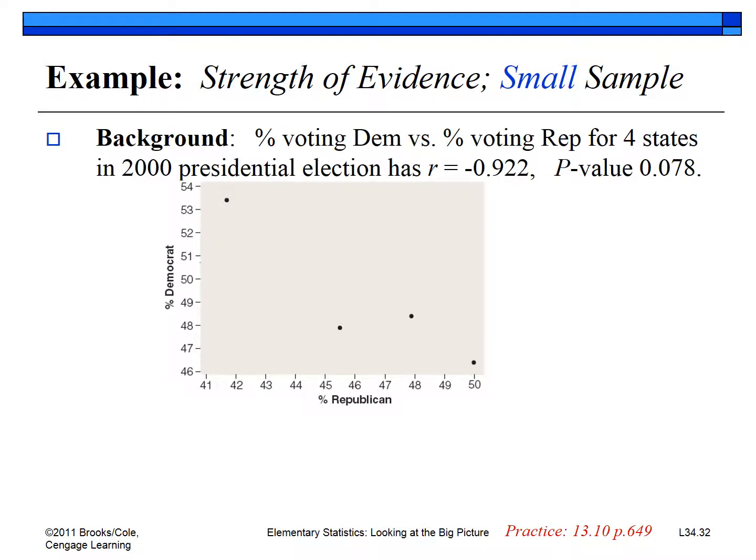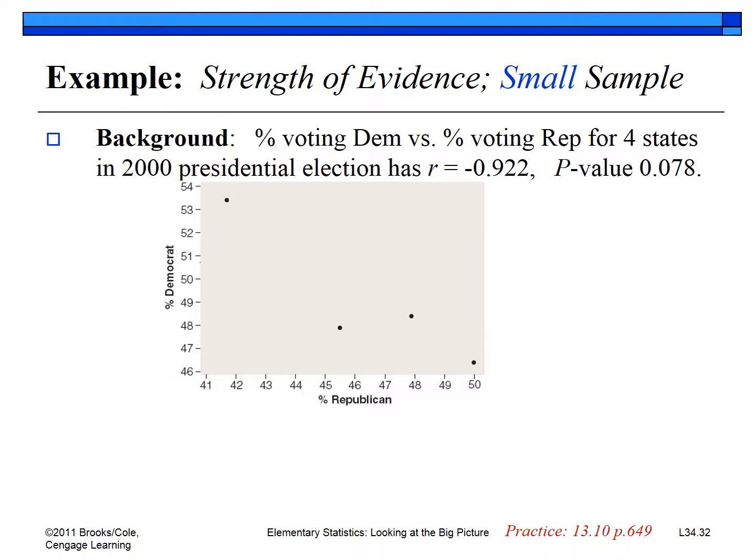Notice that if we have a small sample, here we have just 4 points. This is percentage of people voting Democrat versus percentage voting Republican for 4 states in the 2000 presidential election. You'd expect this to have a pretty strong relationship, because if more people voted Democrat, fewer must have voted Republican, and vice versa. And sure enough, we see an R value that's really big, -0.922.